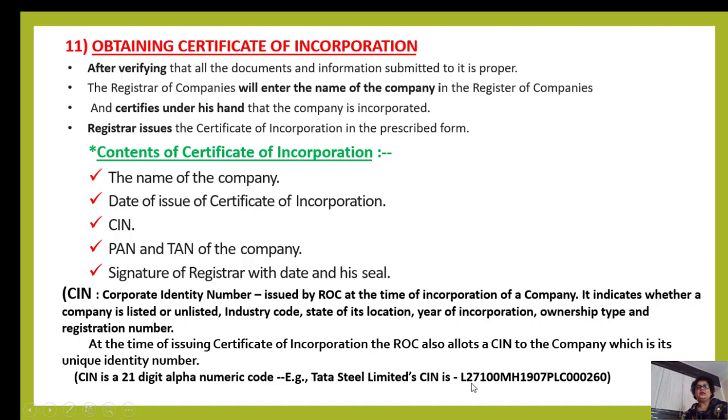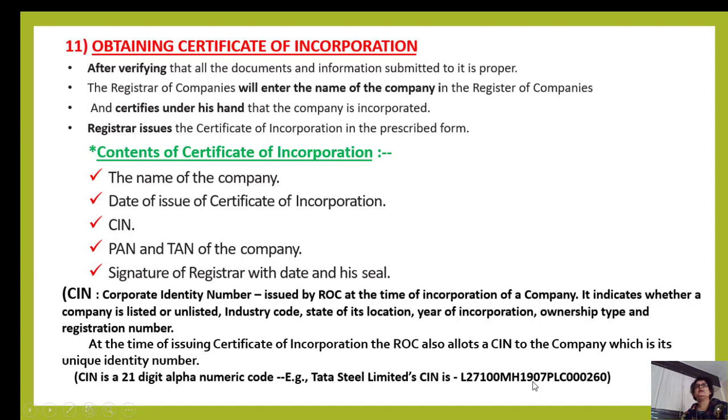Then after that is given the industry code, 27100. MH means the state of its location, the state in which you start your company. Here MH means Maharashtra. Then the year of incorporation, 1907.